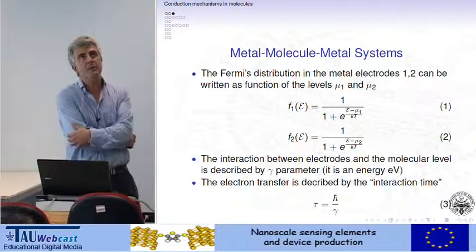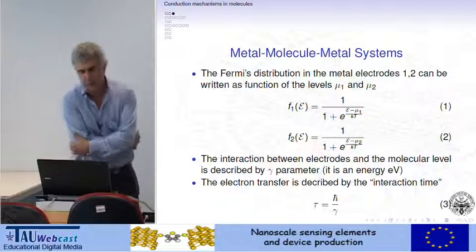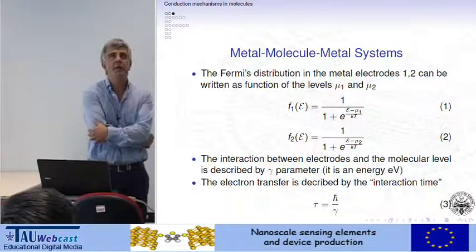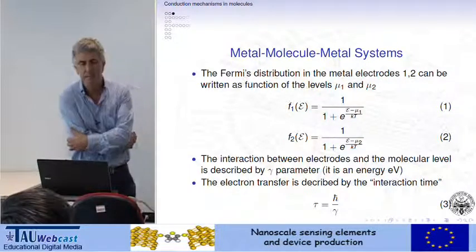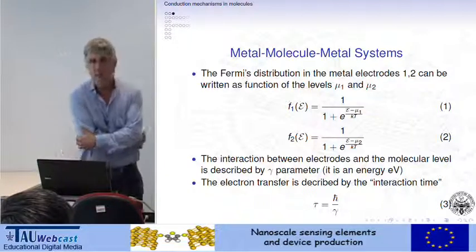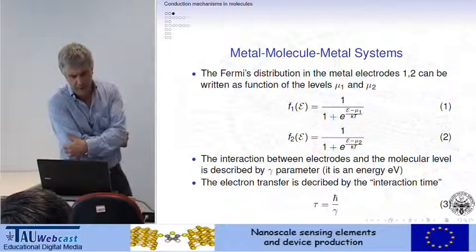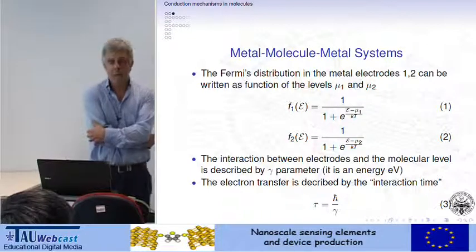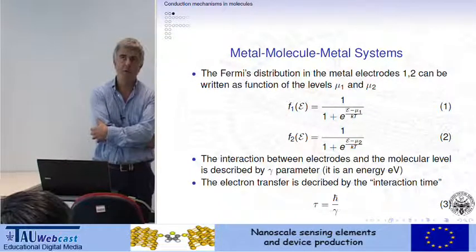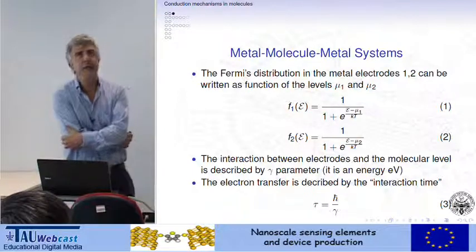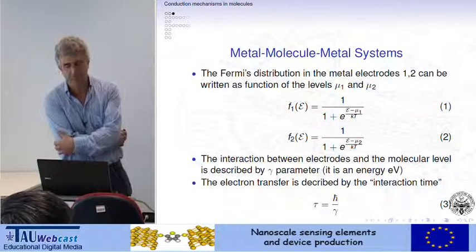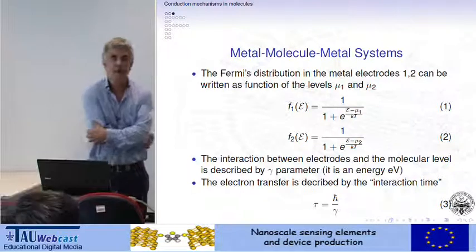The idea is quite simple again, because we use energetic parameters to describe the interaction between metal and molecular level. This parameter is called gamma, in energy, and we can obtain, starting from gamma, the tau value.